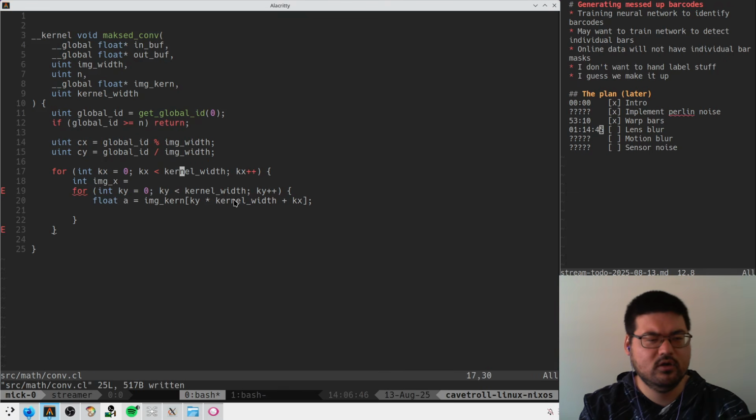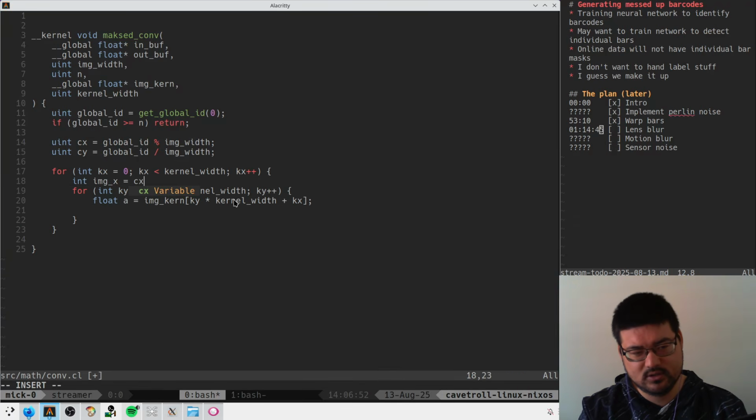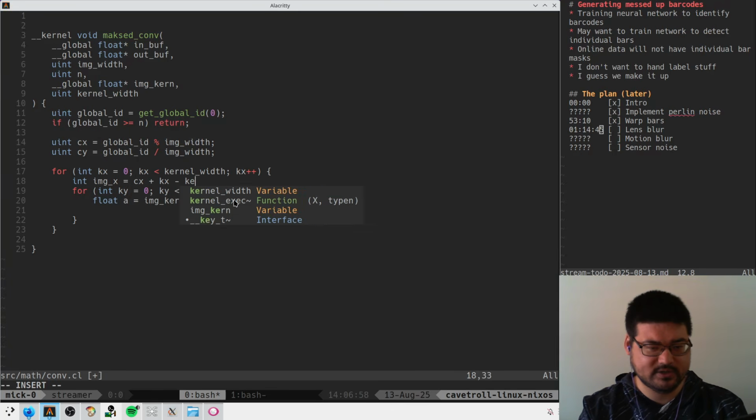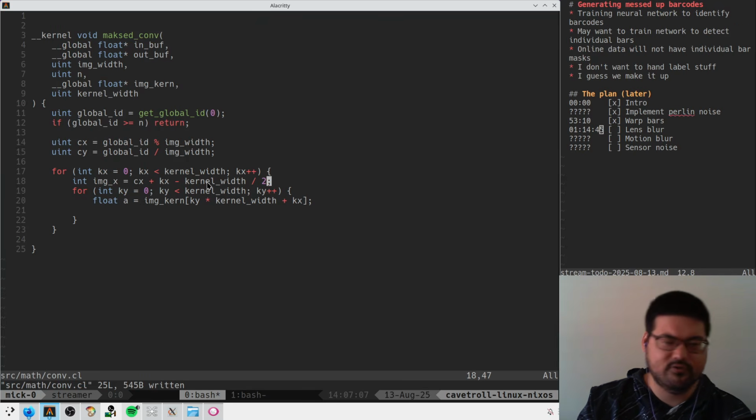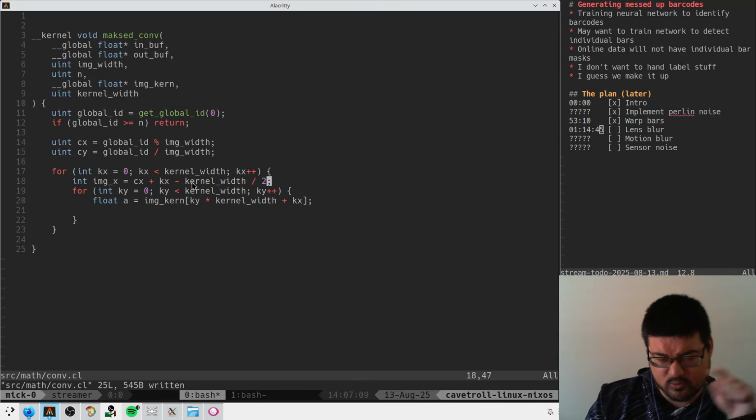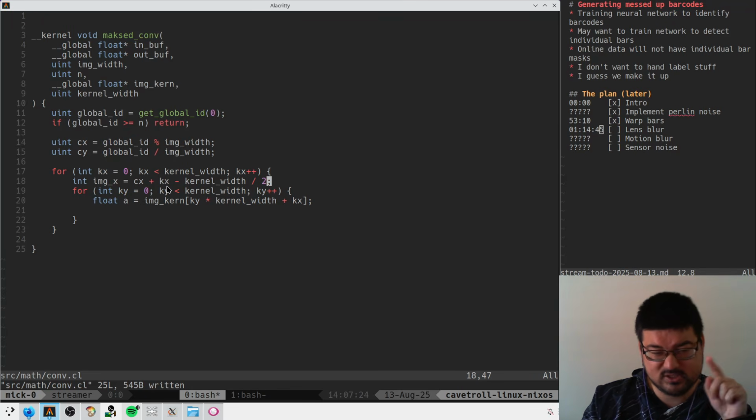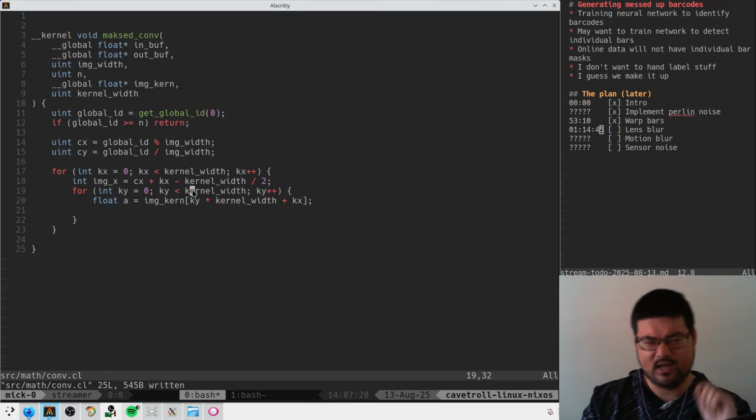So the image x is the center x plus kx minus kernel width over 2. I think. Right, so if this is 0, then we're halfway away. So if kernel width is 3, this gets truncated, 3 over 2 is 1. And this is 0, so this is center minus 1. Then this comes up to 1, so 1 plus 1 minus 1 is 0. And then we get kx is 2. So cx plus 2 minus truncated division 1. Yeah, I think that's right.